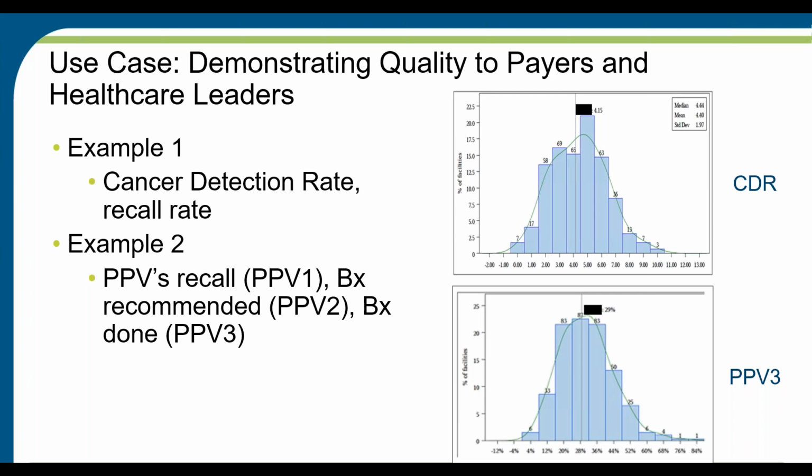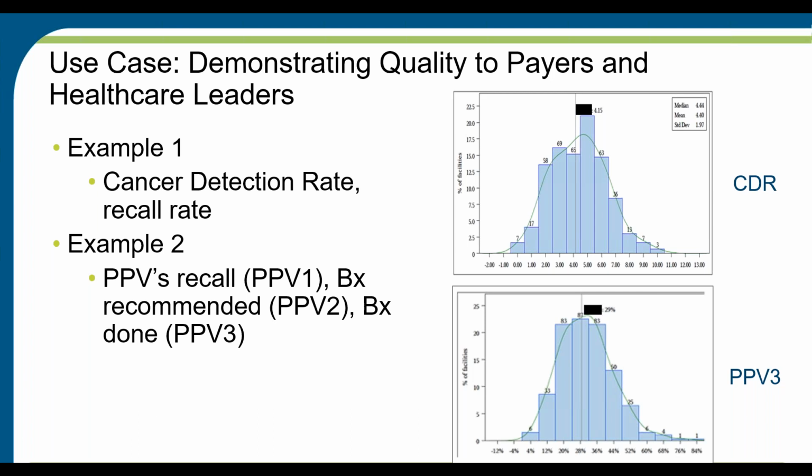Gretchen. So both of these charts are available in the 2 different reports that you can get from the NMD. If you know your CDR, whether it's a physician level or the facility level one, you can see it there on the line. We can also see in that top chart where you fall in the curve of all of NMD as far as the median or the mean. You can see that in that top one, they're in that 4.0 rate, but they're slightly under the max of that curve.